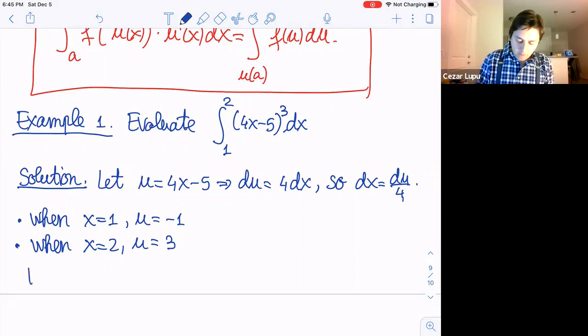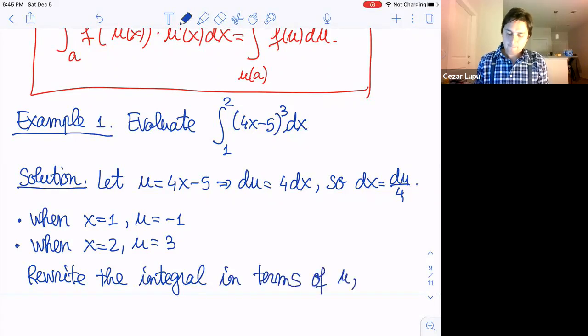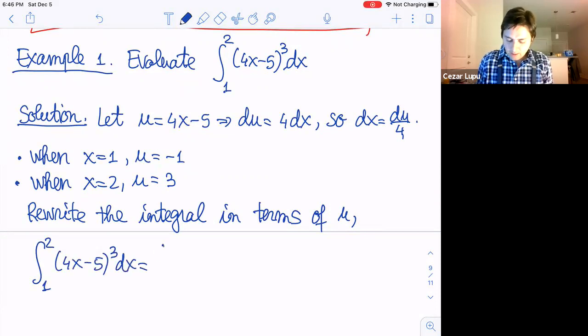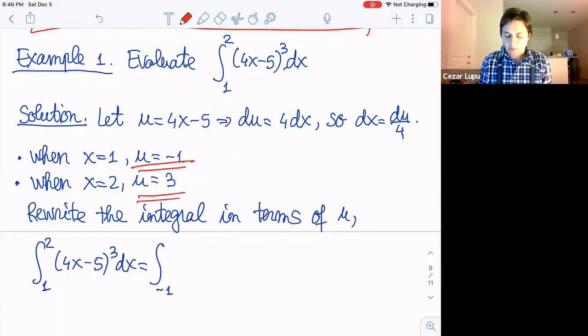Okay, so now we're going to rewrite the integral in terms of u. So we have that the integral from 1 to 2 of 4x minus 5, everything cubed, dx, would be nothing else than just the integral. Now this time the bounds are, as you can see here, negative 1 and 3.